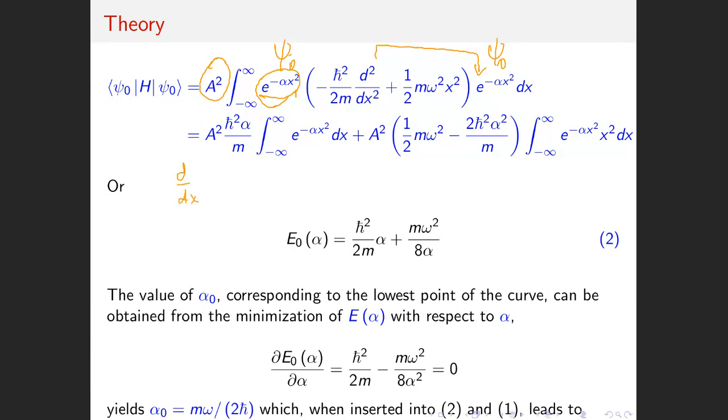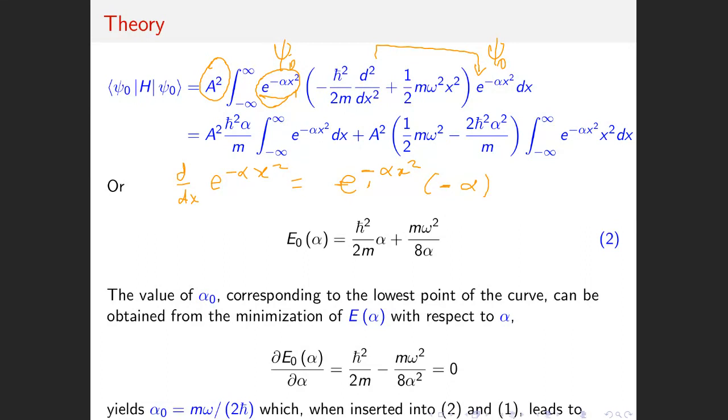If you differentiate e to the minus alpha x squared with respect to x, first you get e to the minus alpha x squared times minus alpha, with an x there.